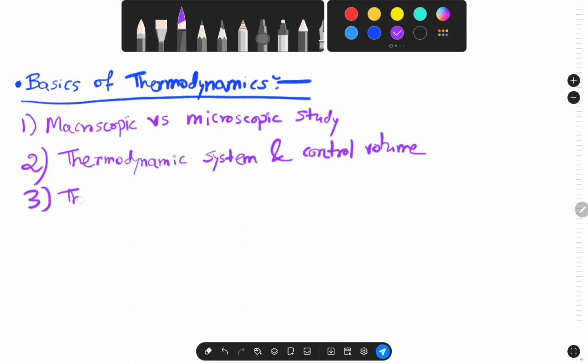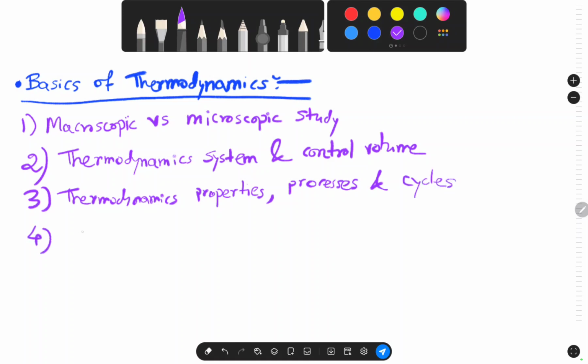Third, thermodynamic properties, processes and cycle.